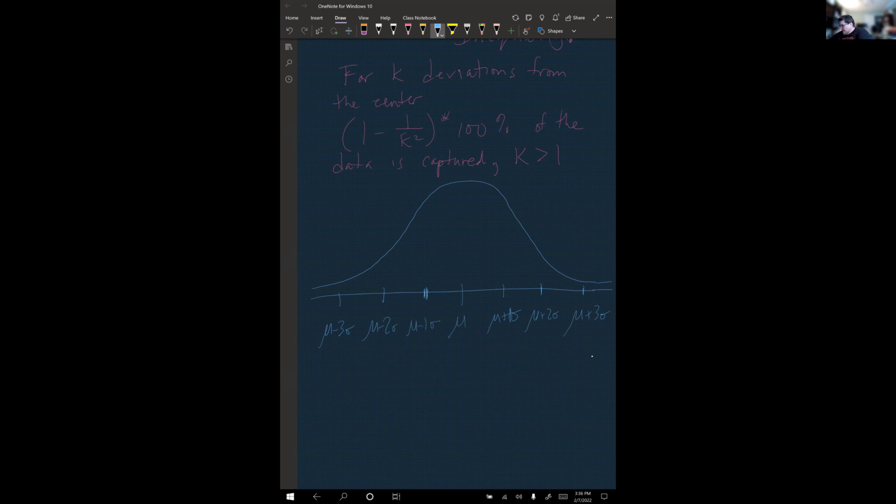Between mu and 1 deviation away, this has about 34% of the responses. So if we had 100 responses, there would be 34 answers that make up this group. And that's 34 in either direction.